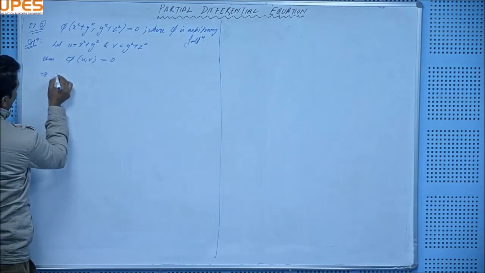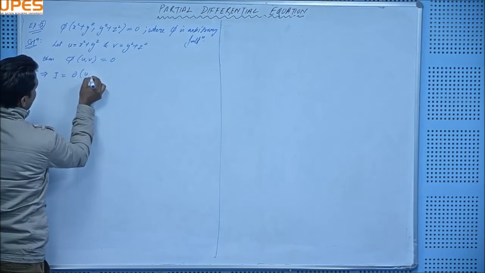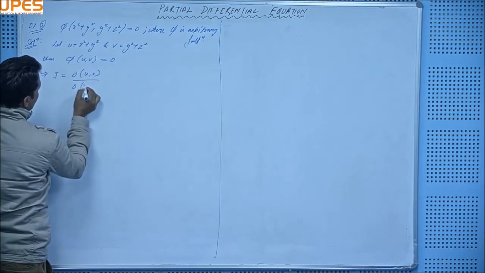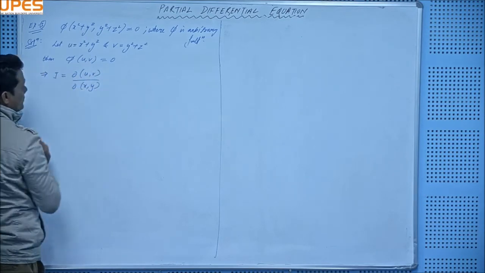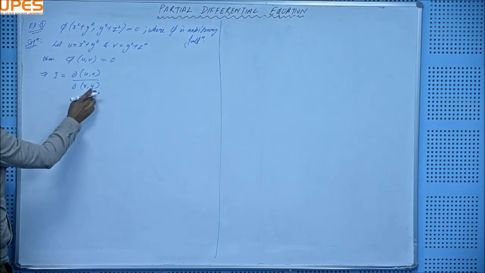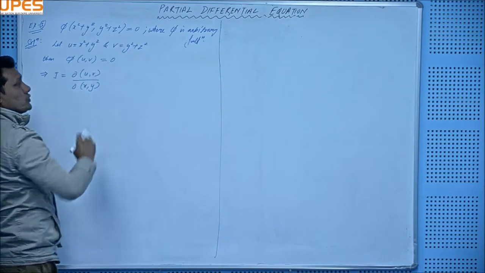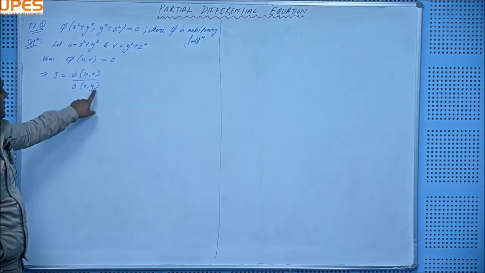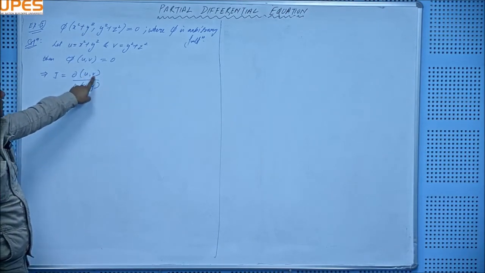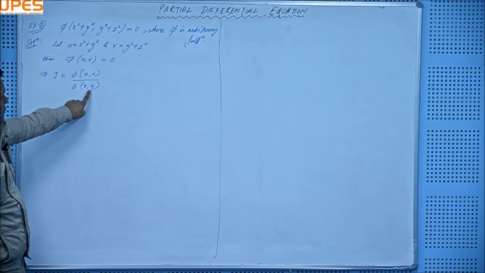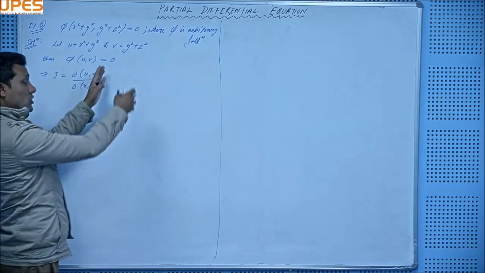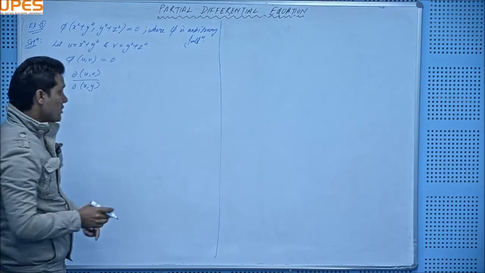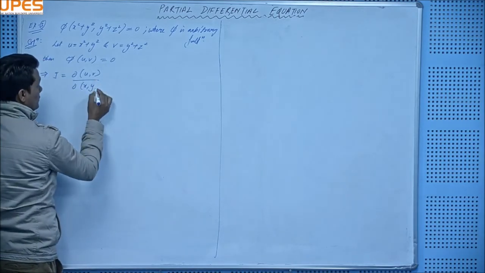This implies that the Jacobian of u, v with respect to x comma y. Do not write z here, because z is going to be treated as a dependent variable. Obviously there are two variables u, v, so here we should have only two variables, because the determinant is always a square. You cannot write x, y, z, that's wrong.